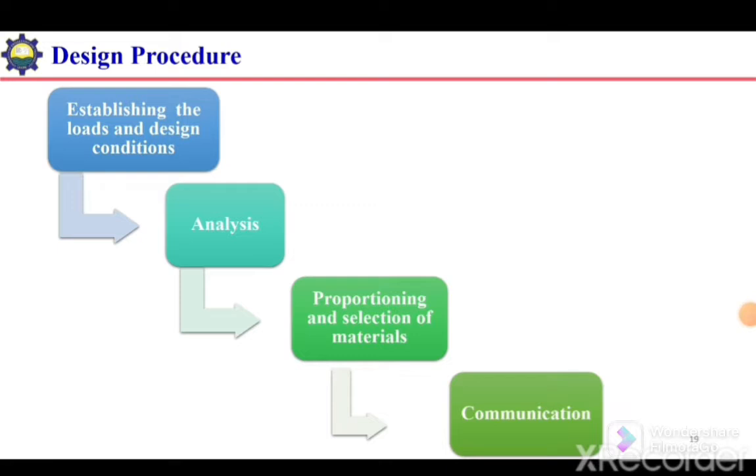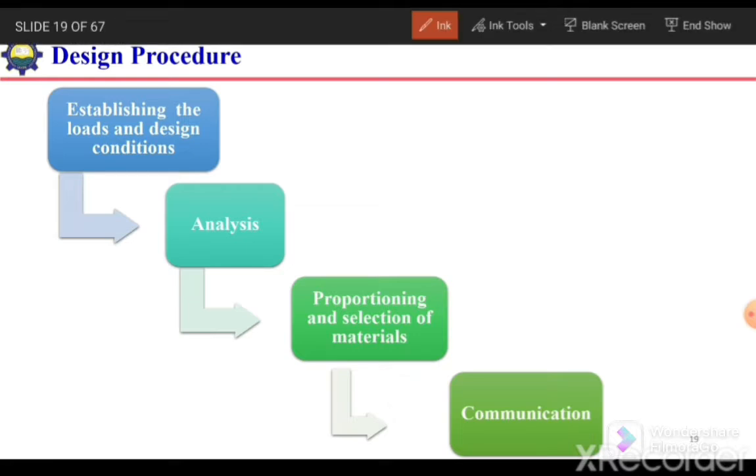Okay, next is design procedure. So design procedure, generally it consists of 4 steps. The first step is to establish the load and design condition. The second step is analysis based on the applied loads and design condition. And the third is proportioning and selection of material. So this is basically our design.